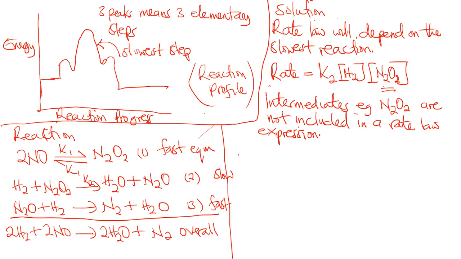So let me write it down here. 2NO in equilibrium, with K1 and K-1, gives us N2O2. So this is an equilibrium reaction. How do we use this reaction? What we are going to do is replace N2O2 by NO. How do we do that?